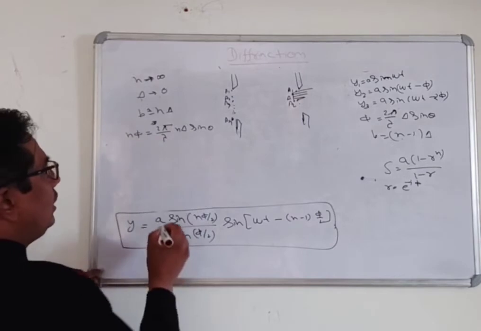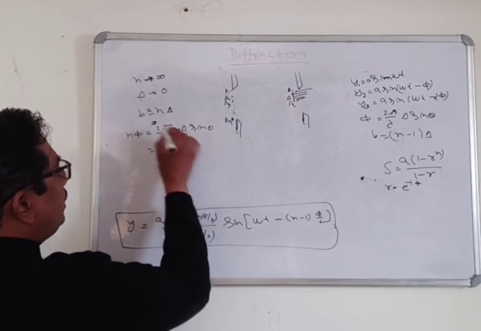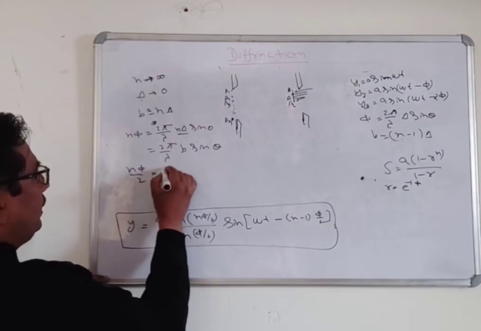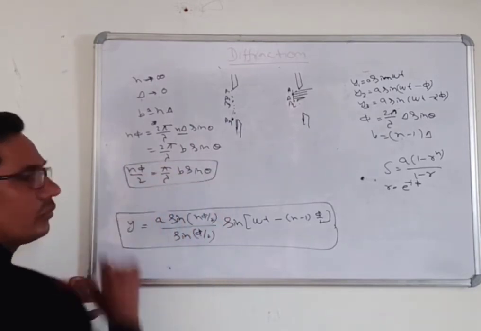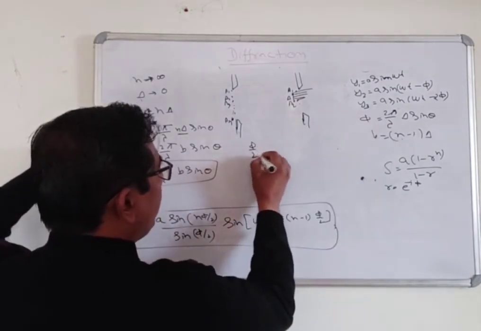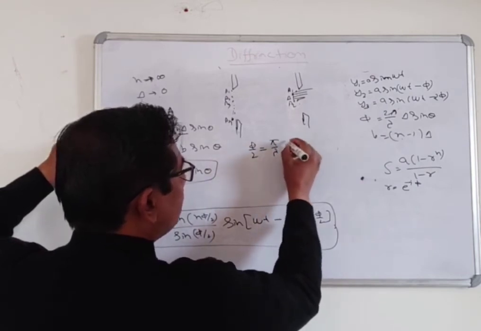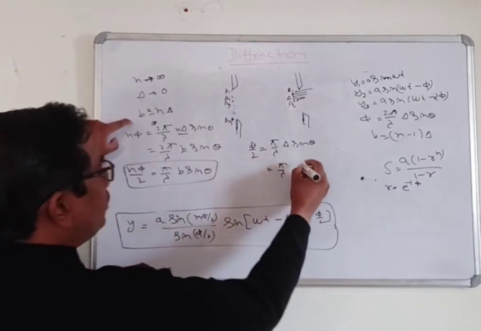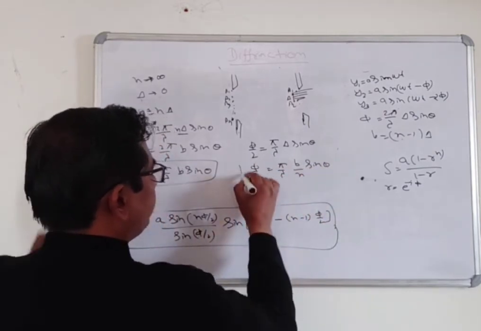Here you can write n delta is equal to b sine theta, and also n phi by 2 is equal to pi by lambda times b sine theta. Here phi by 2 is equal to pi by lambda delta sine theta, and pi by lambda delta will equal b upon n sine theta. That will be the phi by 2. This is another relation.